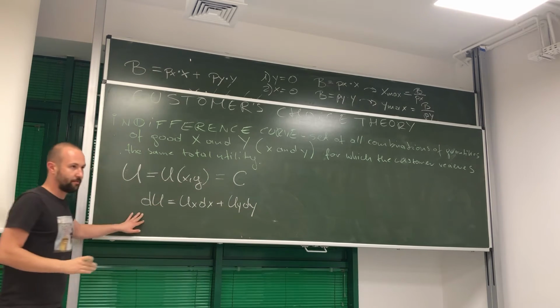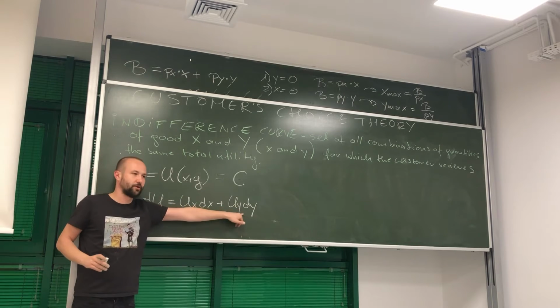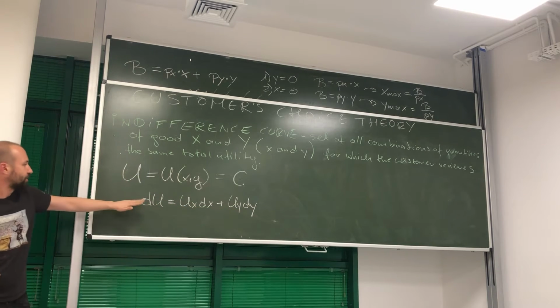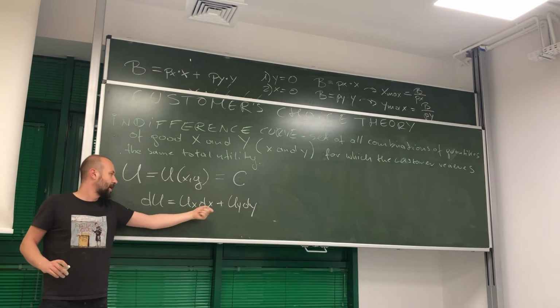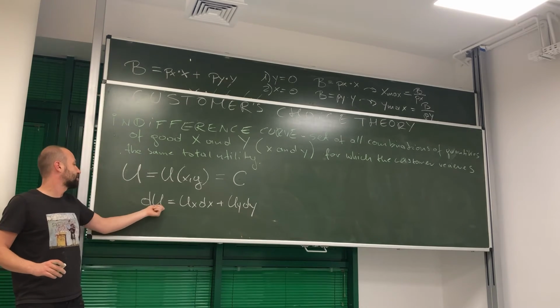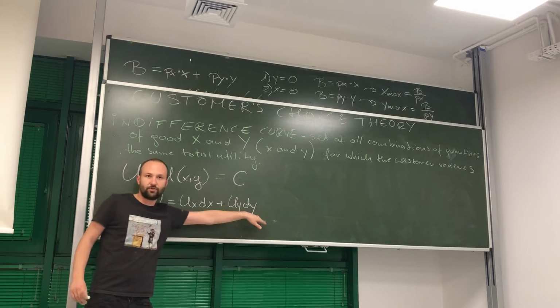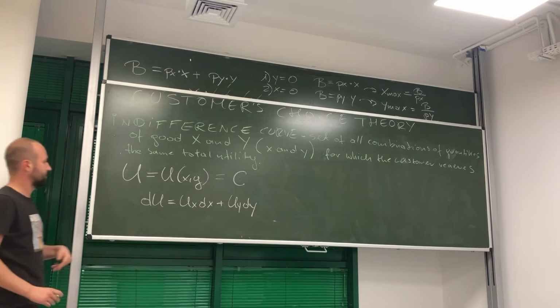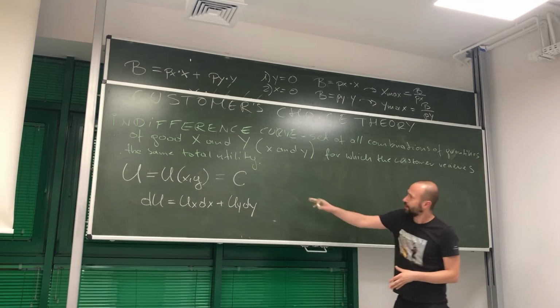Of course, please remember that I just calculated the total differential, right? So in here we have 2 possible sources of change in utility: changing the quantity of x consumed, or changing the quantity of y consumed, right? So remember, this is simply the total differential.